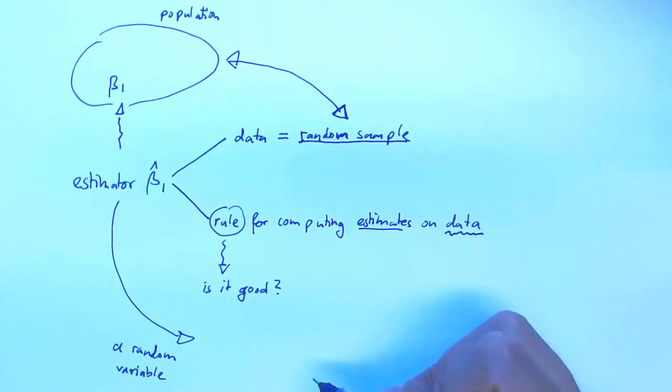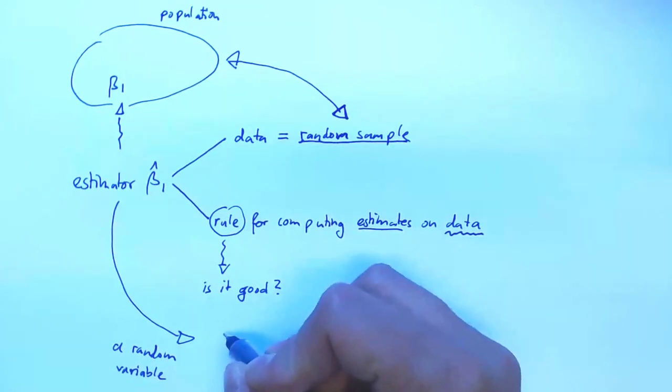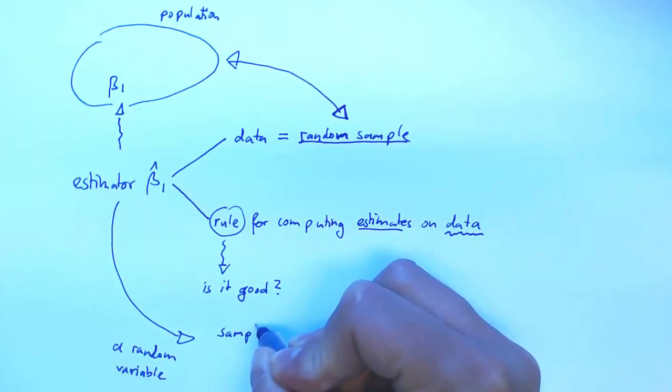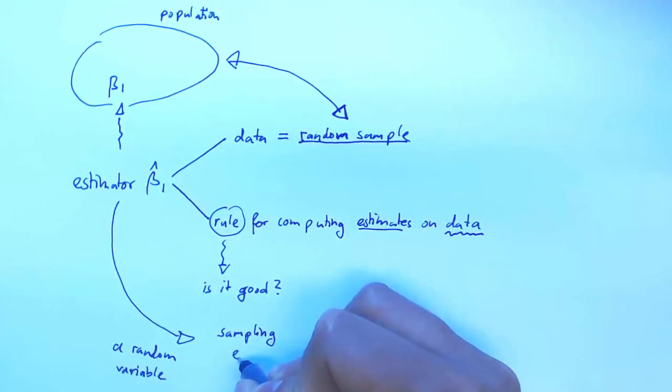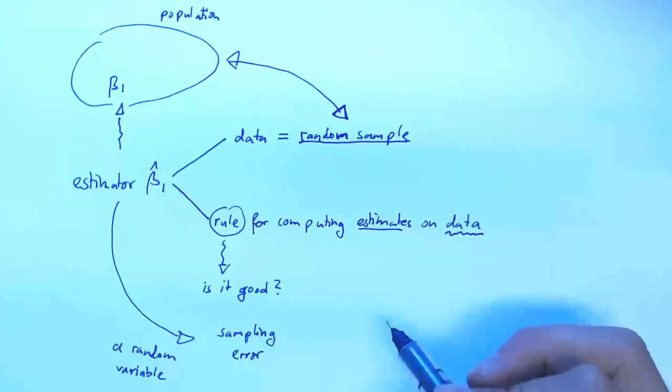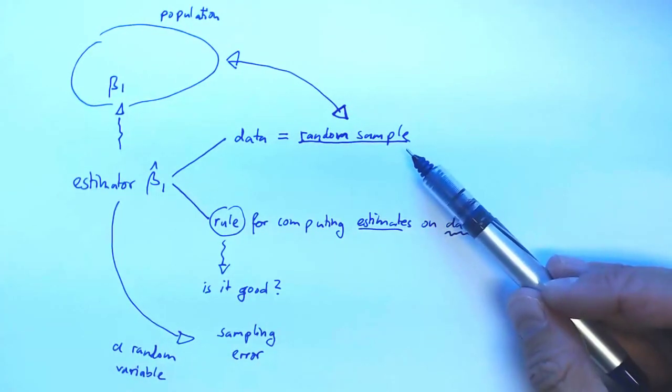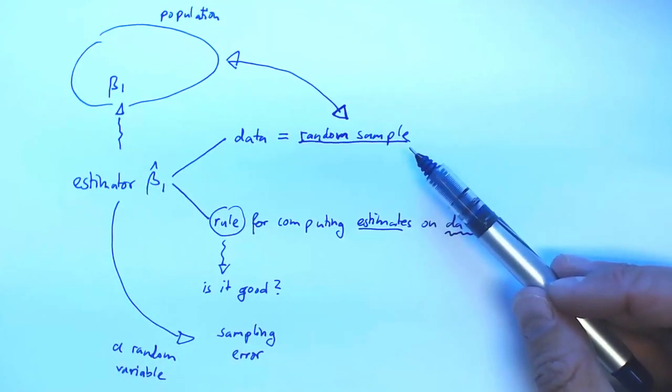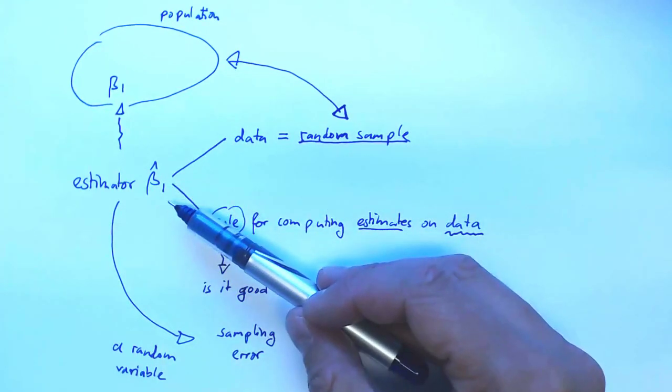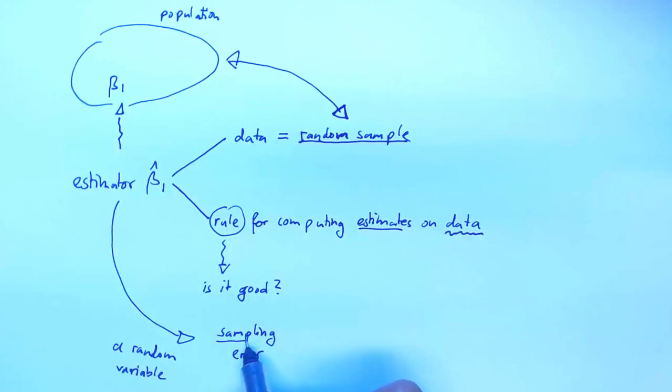Sometimes it will be a little larger, sometimes it will be a smaller number, and this is called sampling error. Depending on what kind of random sample we draw, beta 1 hat will be a slightly different number.